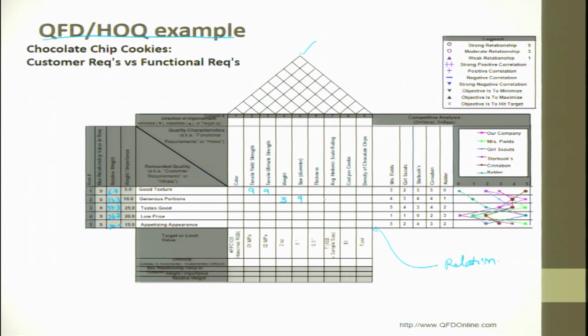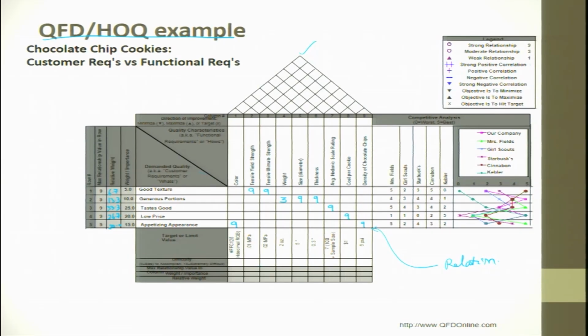Then thickness, it is also very high. Then tastes good, this is 9 points, and then lower price, cost per cookie, it should be as low as possible, and then appearance, color is 1, and then the density also plays a very important role.